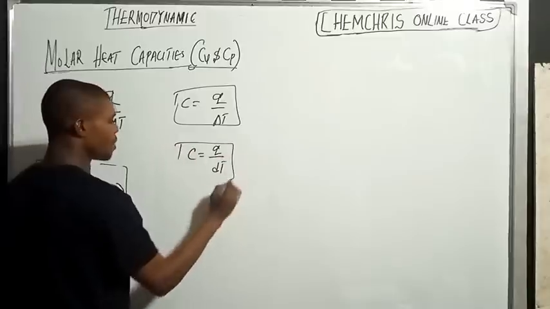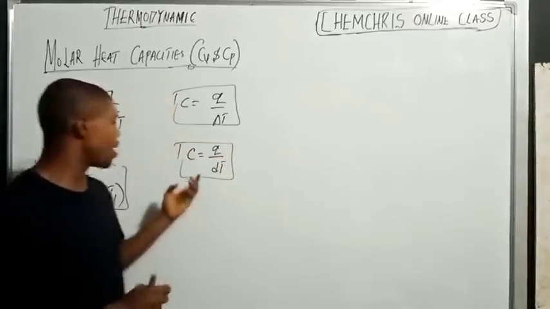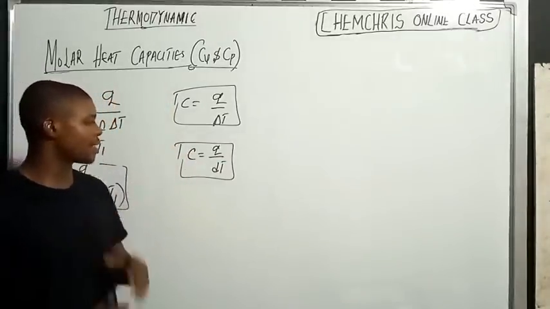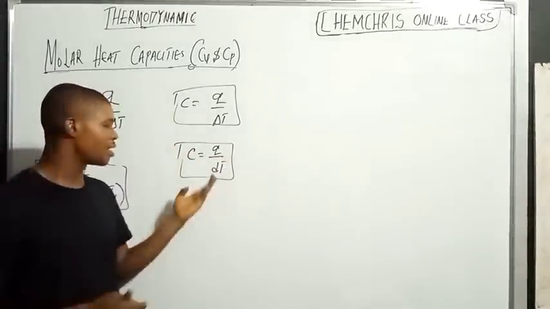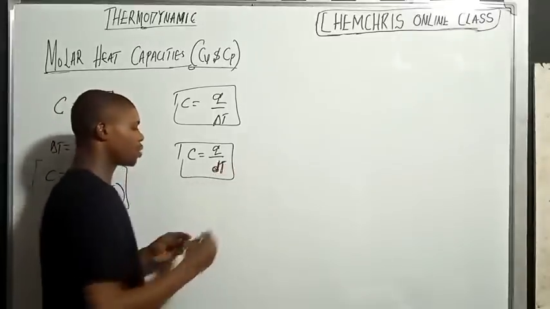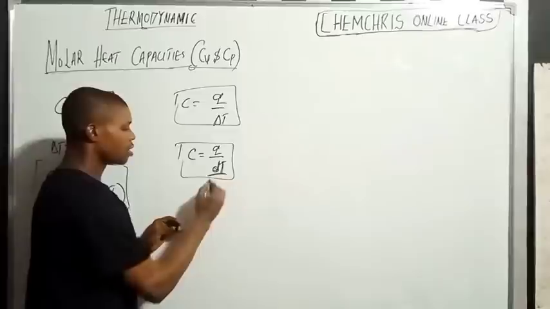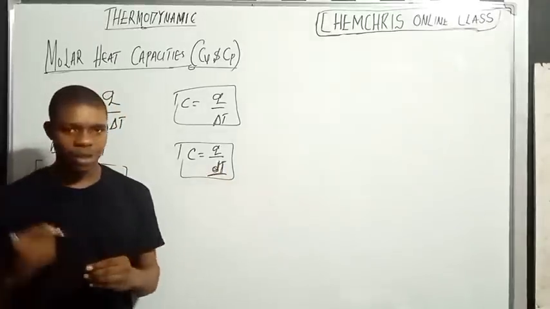So where C means the heat capacity, Q means quantity of heat, and delta T means change in T.